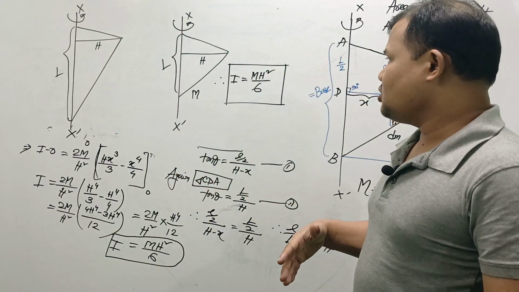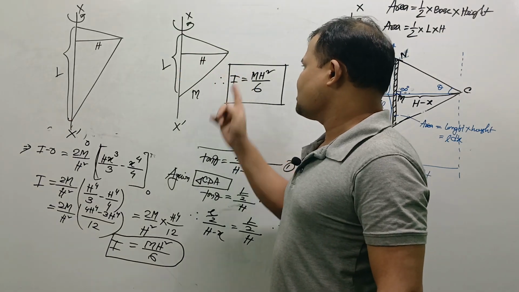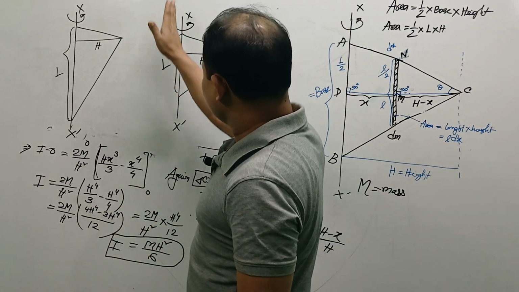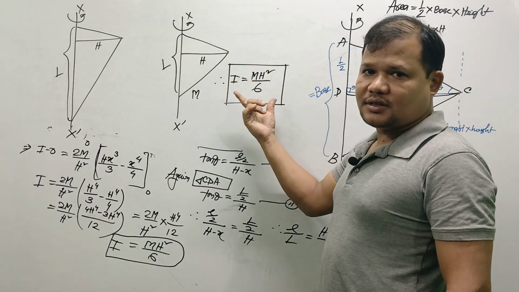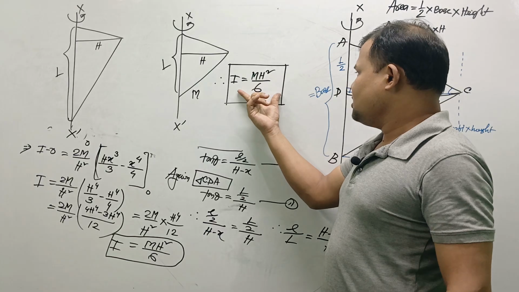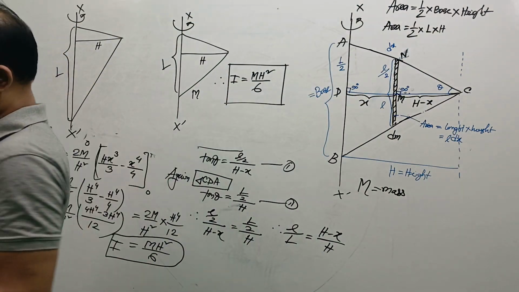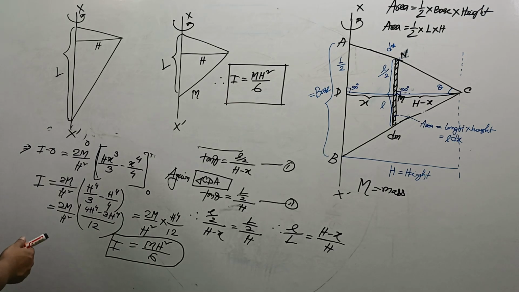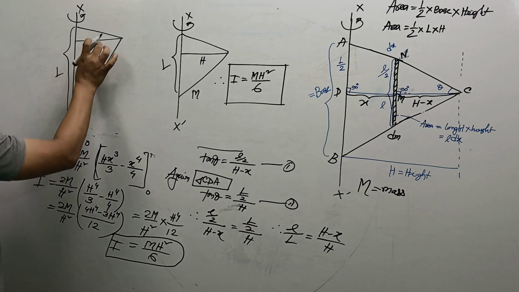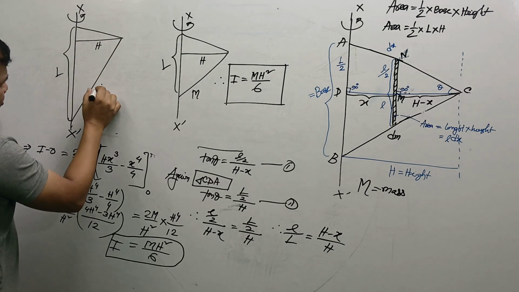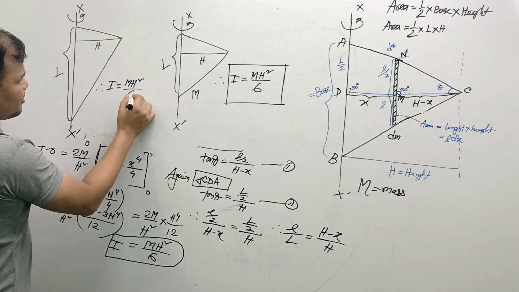For measuring moment of inertia, we always take mass and perpendicular distance. So L is directly parallel to the rotational axis, so L cannot count in the moment of inertia. So this equation has no value of L. In these cases this is also right. Here L is parallel to the x prime axis, so our duty is to take the perpendicular distance. So here also the moment of inertia will be the same, m h square divided by 6.